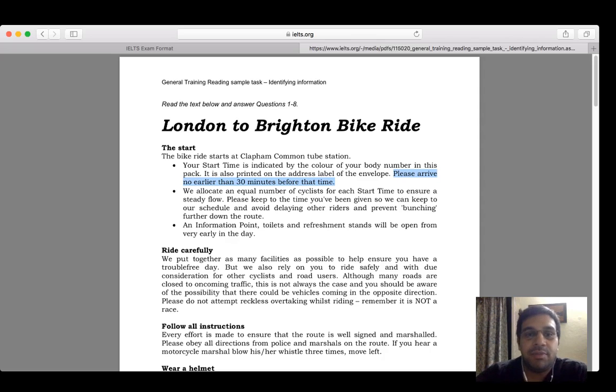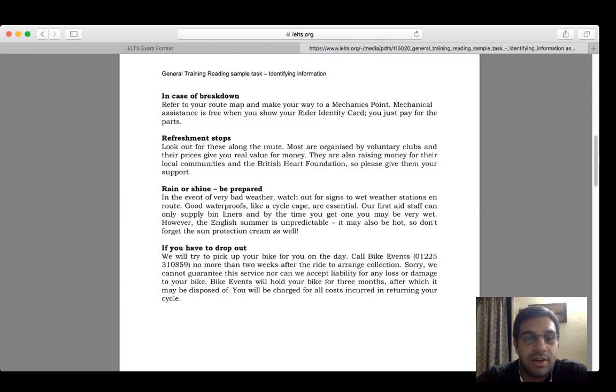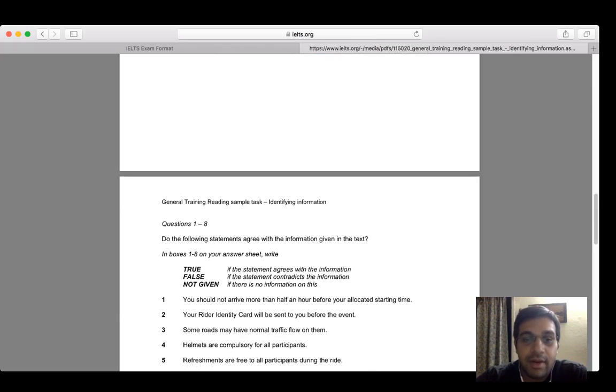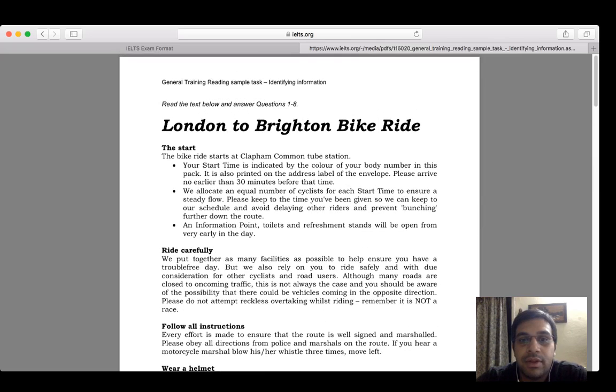So the first answer would be true. Then it mentions your identity card will be sent to you before the event. In this part, some people get confused about whether this particular point is mentioned or not, or whether they skipped it while going through the passage really fast.